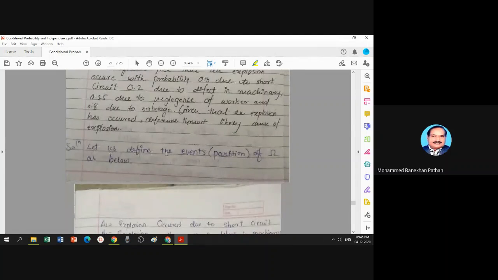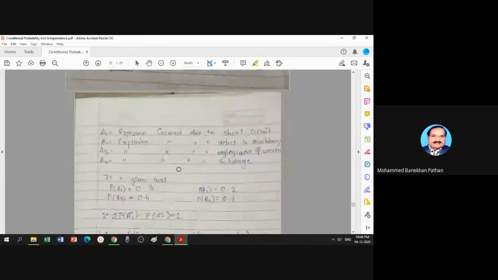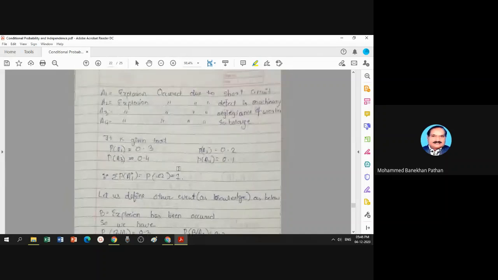Let us define the event partition of omega as below. Here we divide the sample space into 4 parts because there are 4 reasons. A1, explosion occurs due to short circuit. A2, due to defect in machinery. A3, negligence of worker. A4, sabotage.